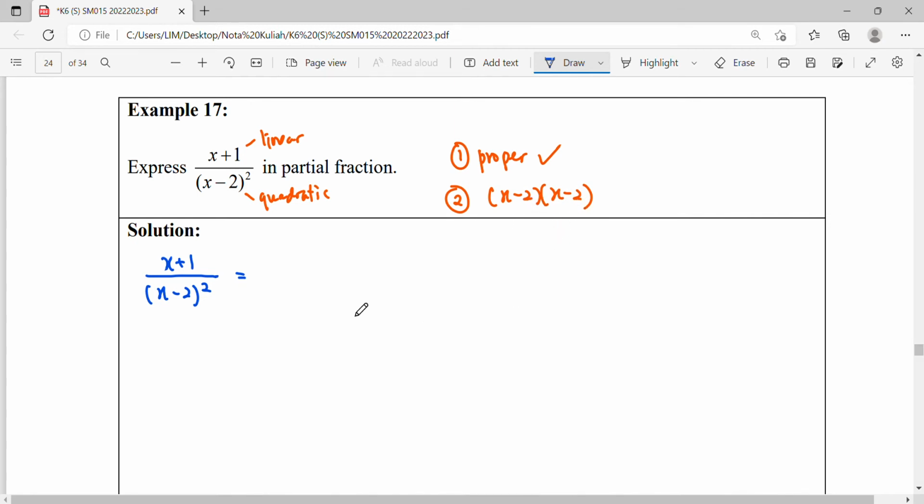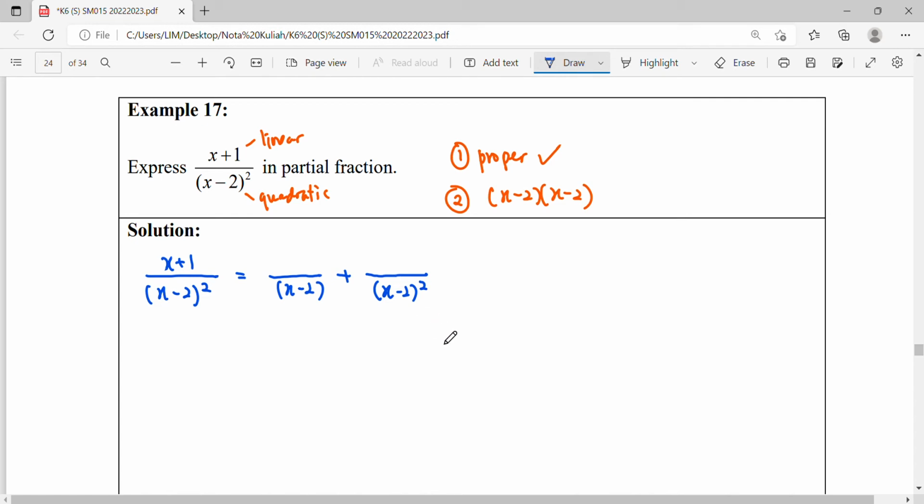So the way to express it in partial fractions, for the first partial fraction, we write the first factor, which is x - 2. Then we repeat it again, because this one repeats two times. So for the first time, we just write x - 2. When we repeat again, we write x - 2, x - 2, or I can write it in a better way: (x - 2) squared.